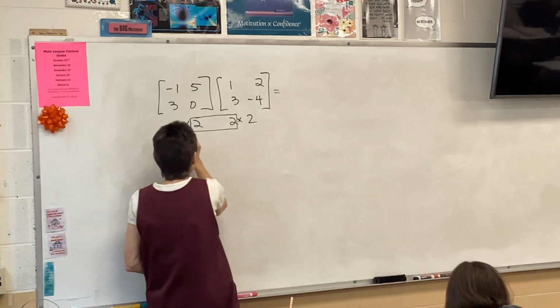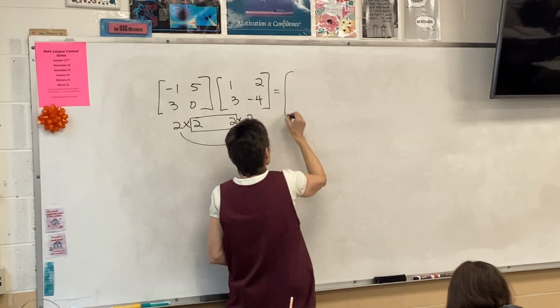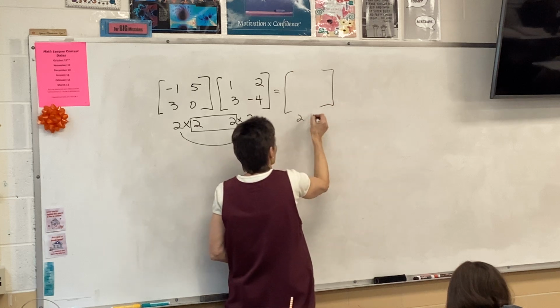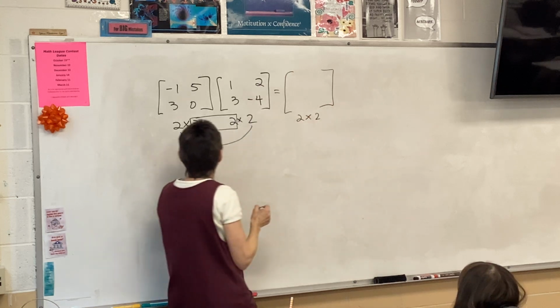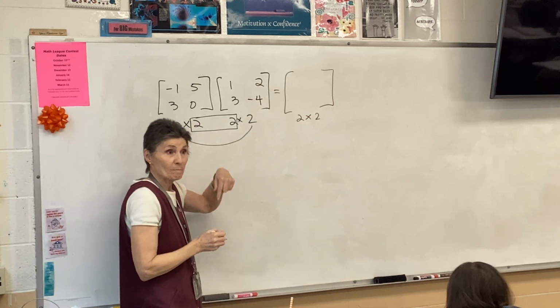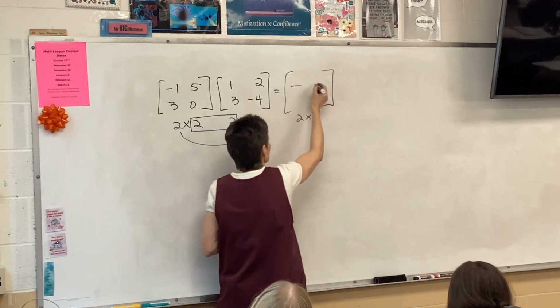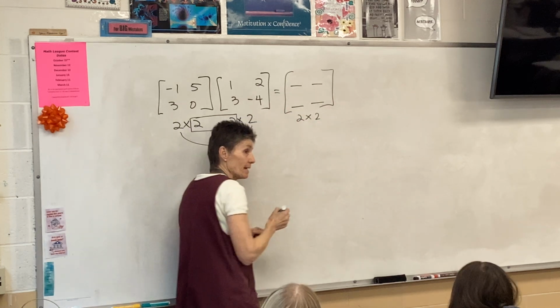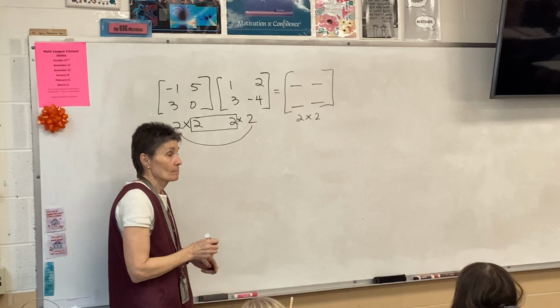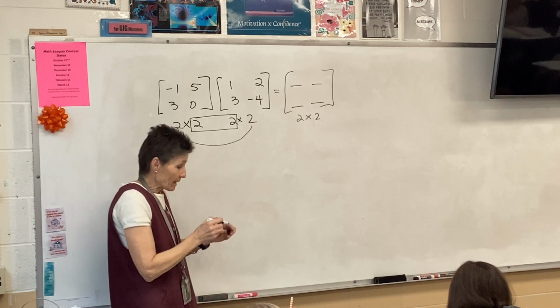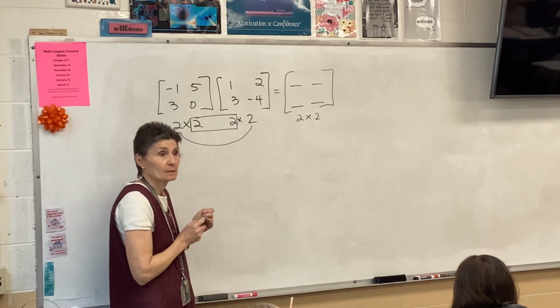And these tell me that my answer is going to be another 2 by 2, which means it will have 4 numbers in it, like that. And I gotta find out what those numbers are.